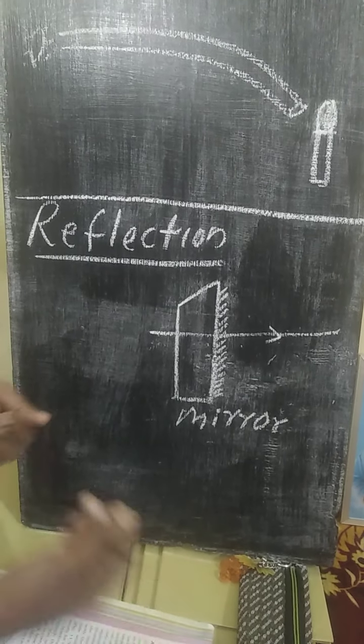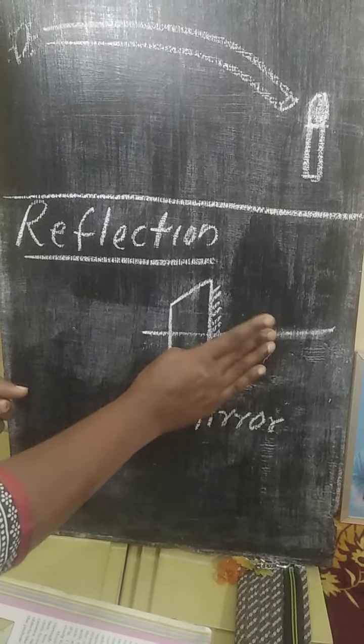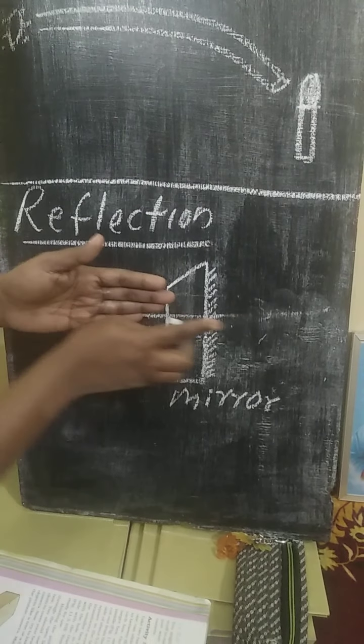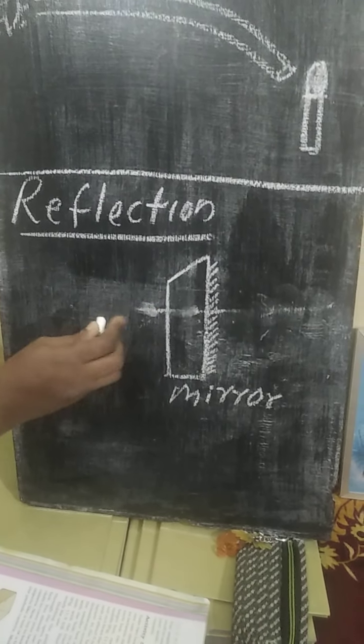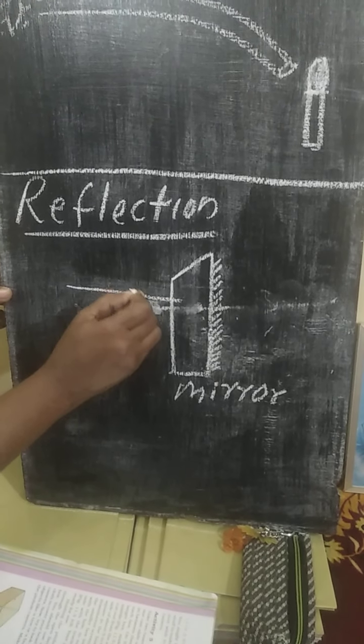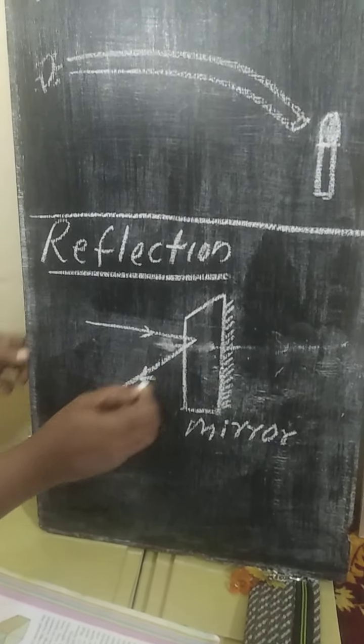And what happens when the light falls on the mirror? Because of the silvered second surface or the colored second surface, no light can pass through the body, but instead of that, when the light ray hits the mirror it gets reflected from the body of the mirror.